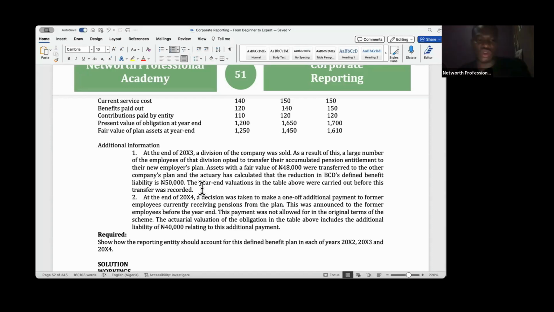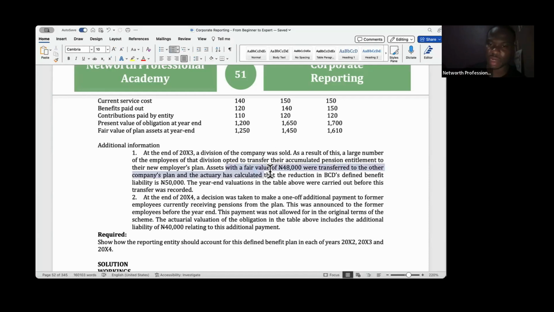Okay, before I go to additional information too, I want us to dissect this additional information. One, let's understand what it's speaking to. I can see here that a division of the company was sold. So as a result of that, the employees were requesting for their money, of course.